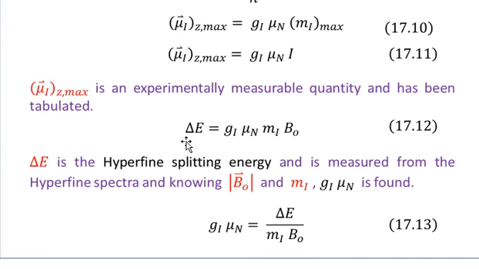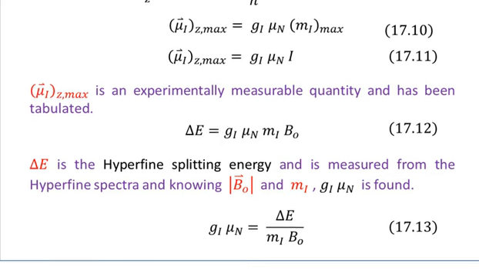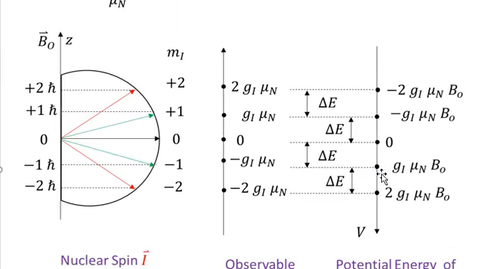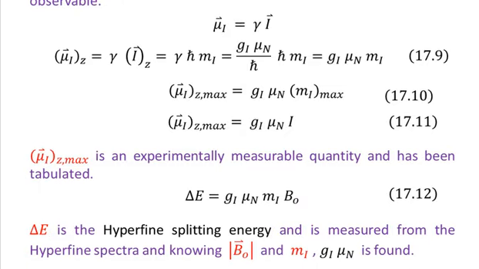Here I have written the value of Z and the value of delta E. And you know that delta E is what I have defined in this equation, that is the separation between two consecutive levels in a hyperfine structure. If you want to find delta E, you can subtract any two values written over here, and you can find the value of delta E.